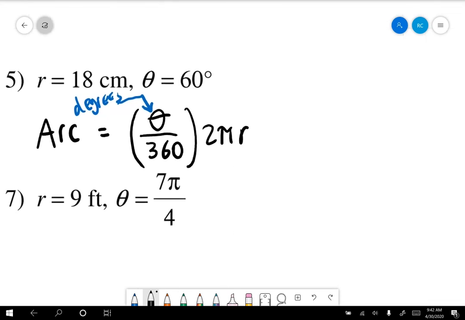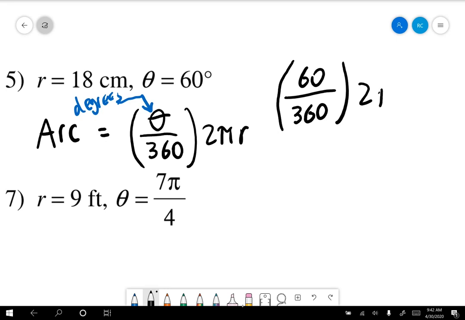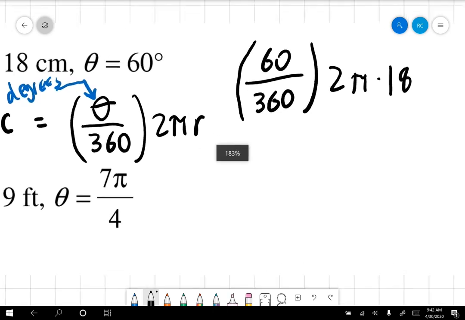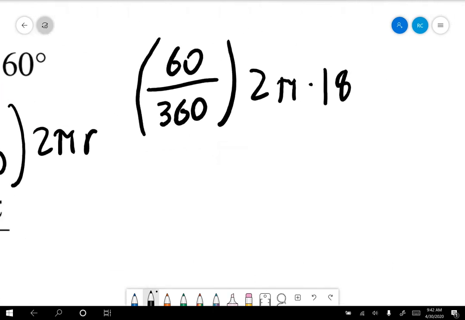Okay, so to solve this problem, we're going to take 60 degrees divided by 360 degrees, and we're going to multiply that by 2 times pi times the radius, which is 18. Now, 60 divided by 360 is 1/6.